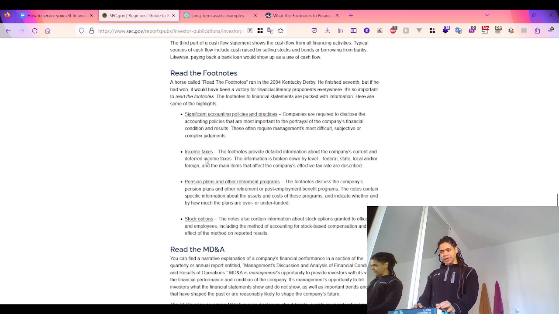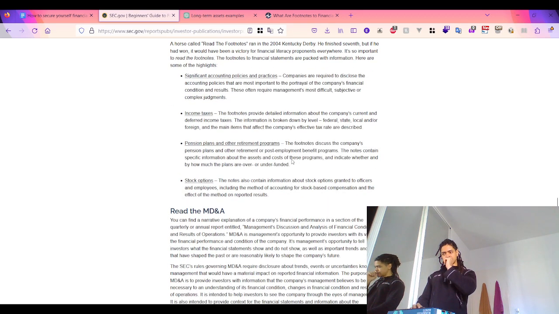The income taxes provide more detailed information about the company's current and deferred income taxes, whether by state, federal, county, local, or foreign, and the main items that affect the company's effective tax rate are described.